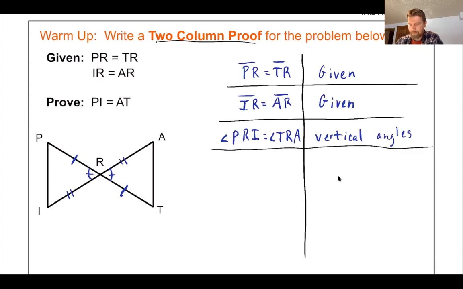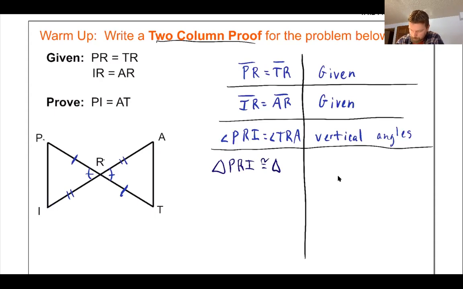All right, now I've got these triangles congruent because I've got that side and then an angle and then a side. So I'm going to state that next. Triangle, let's see, I'm going to say PRI in that order. It doesn't really matter the first one, PRI. What does matter is that I make the second one in the same order.